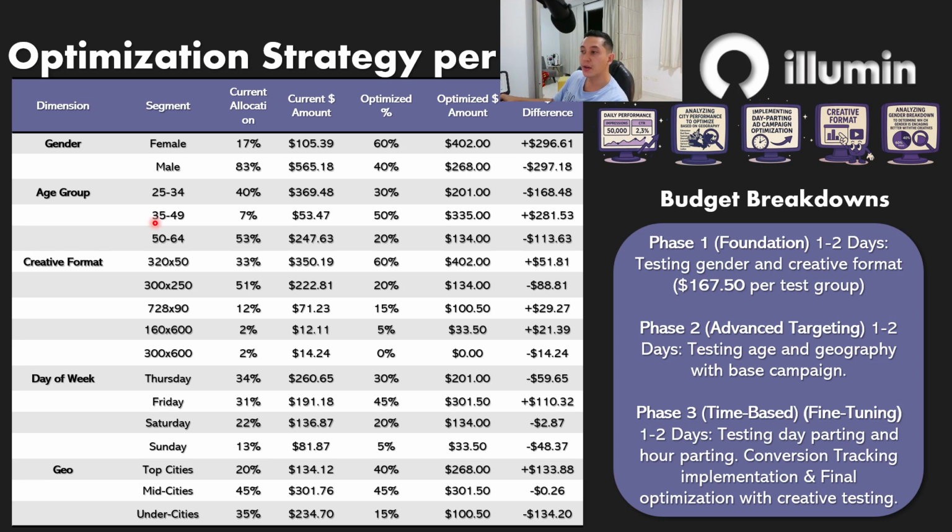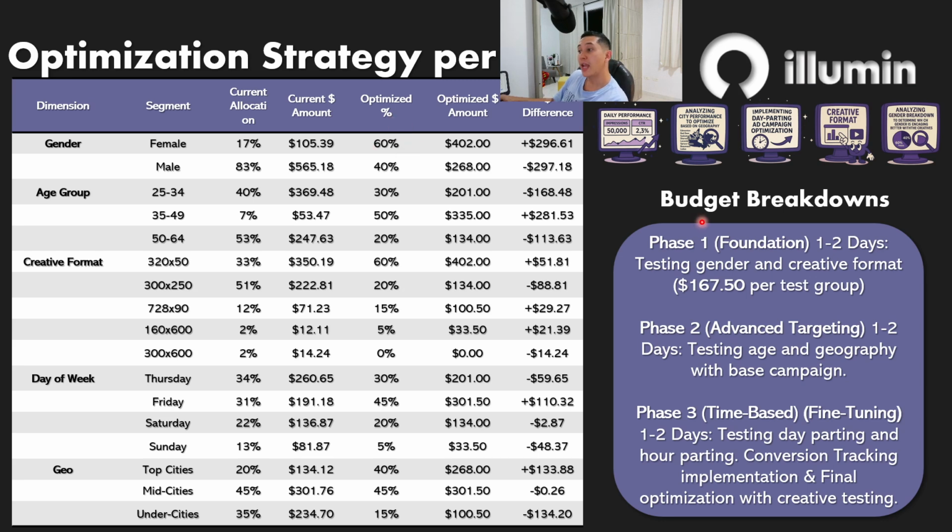So for gender, we shift from 17% for female and 83% for male to a more balanced split, 60% for female and 40% for male, as we've discovered that the female audience is performing better with a lower click-through rate.